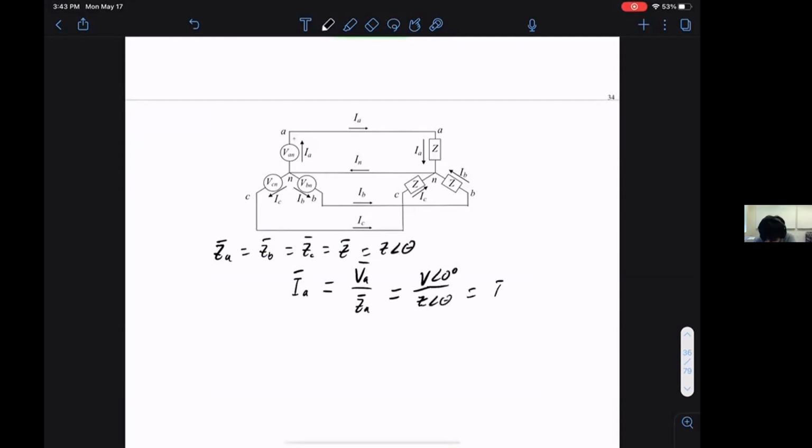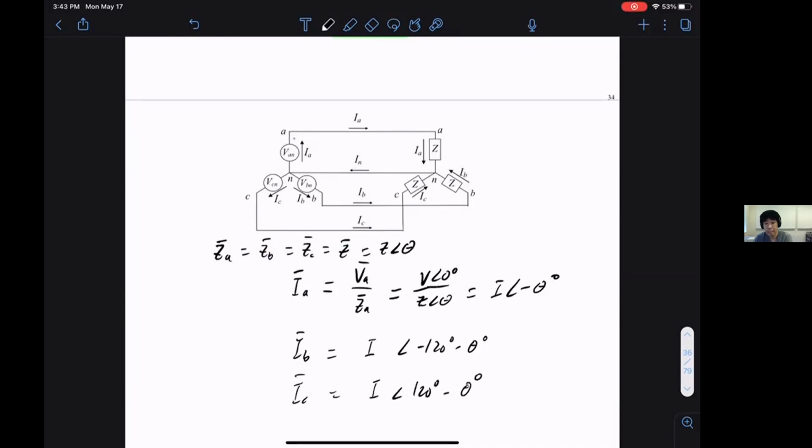So this is I angle minus theta degrees. Then you can repeat the same calculation with IB. You'll get I angle minus 120 minus theta degrees. IC is I angle 120 minus theta degrees. So the same 120 degree shift happens again. Everything's balanced.